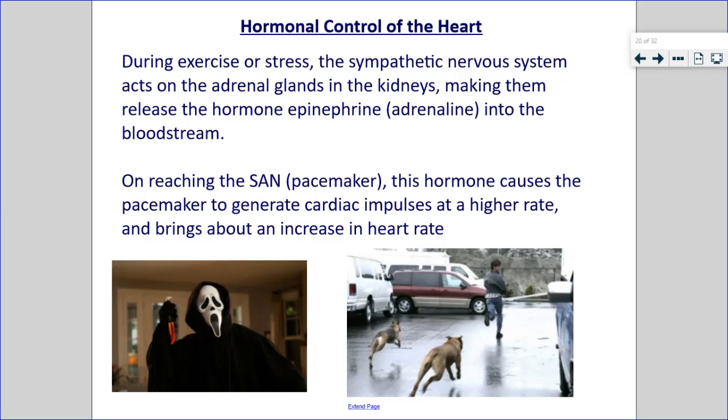And that adrenaline gets released into the bloodstream. It travels through the blood, and it affects the SA node or the pacemaker, and it causes the pacemaker to generate more impulses at a higher rate, and that increases the heart rate.